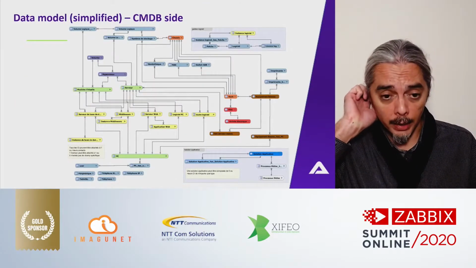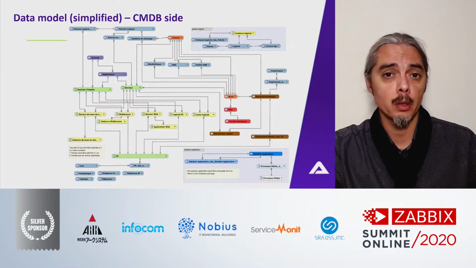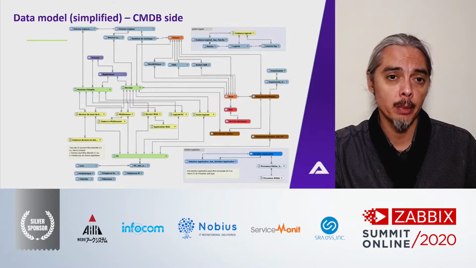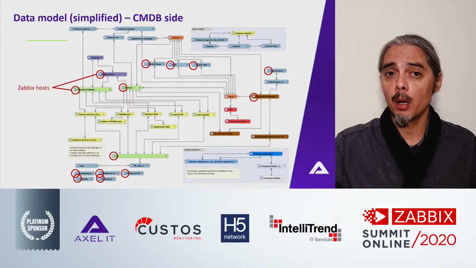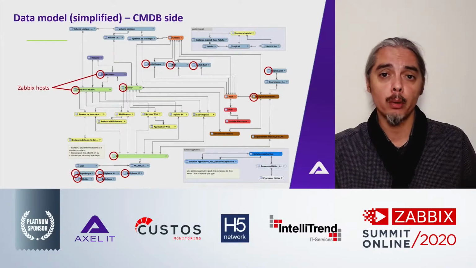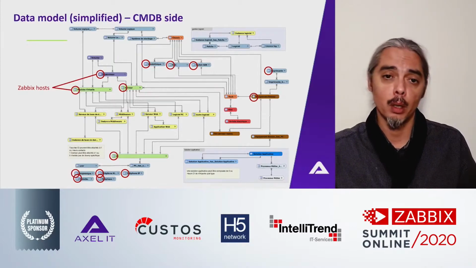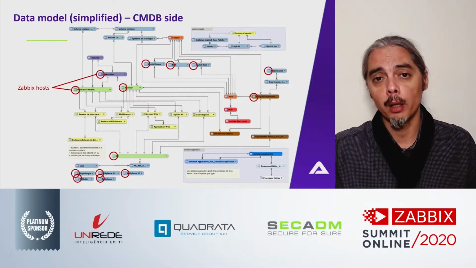But as well, in the CMDB, we've got the concept of host, for example. This is a simplified data model from the CMDB. What Zabbix calls a host, which could be a network server, a switch, a printer, a laptop, anything actually, is going to be multiple things in the CMDB.